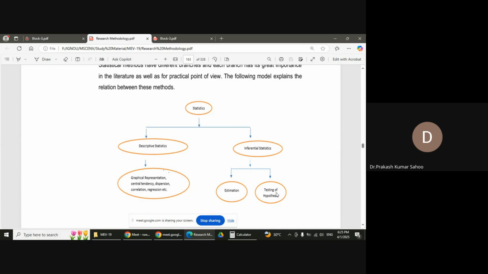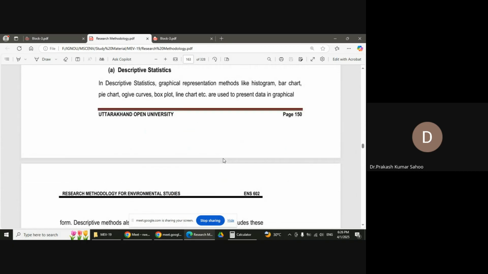For a project work to execute, descriptive statistics is very helpful. That includes graphical representation, the calculation of central tendency, mean, median, mode, and range. We have dispersion, regression, and correlation. These are very useful for any project work.